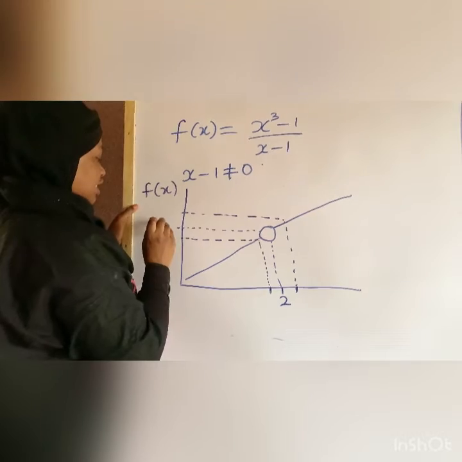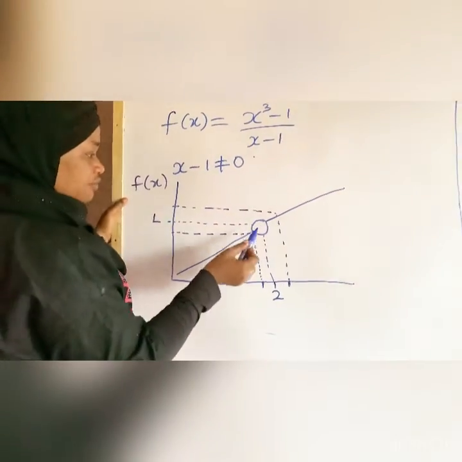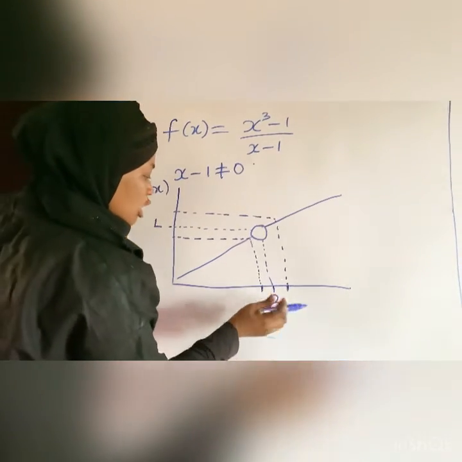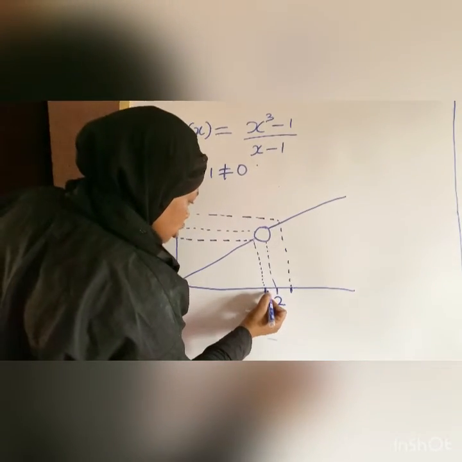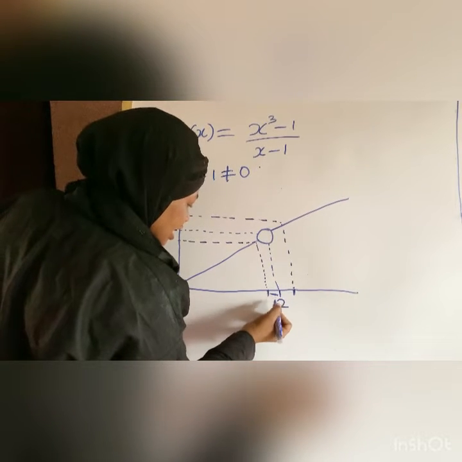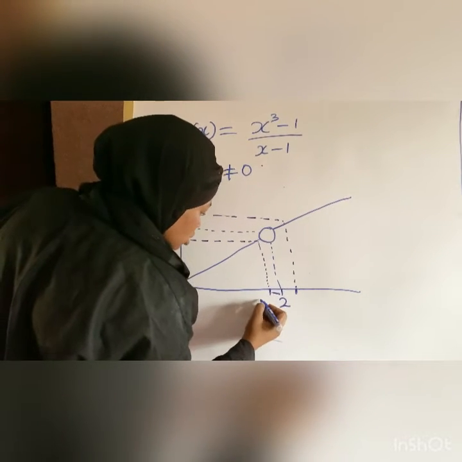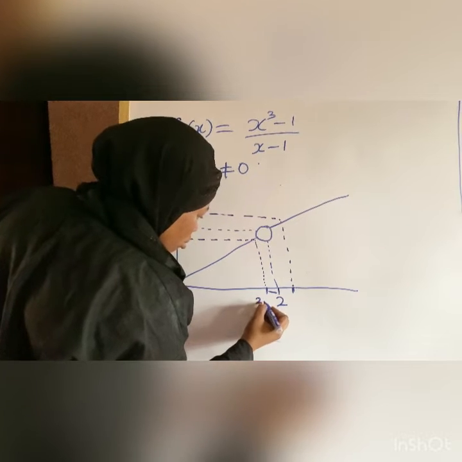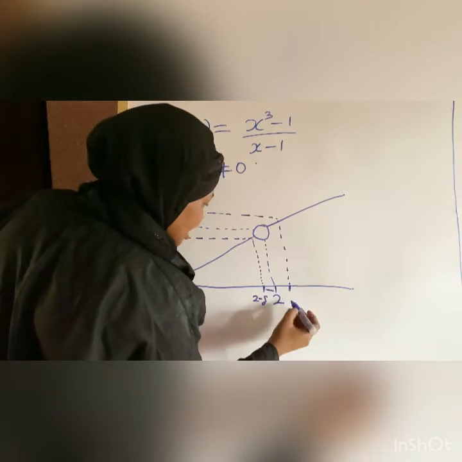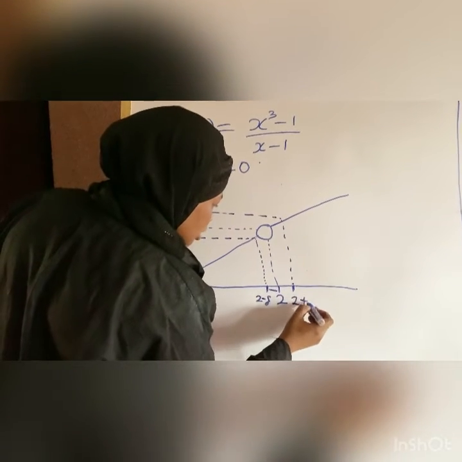Let's call this side, where the function is not defined, L. Where it is defined, there will be some positive number in between here and here. We call that one 2 minus delta, and from the right-hand side it will be 2 plus delta.